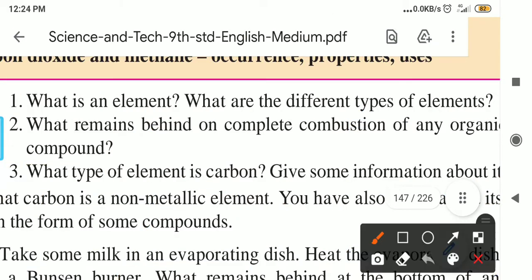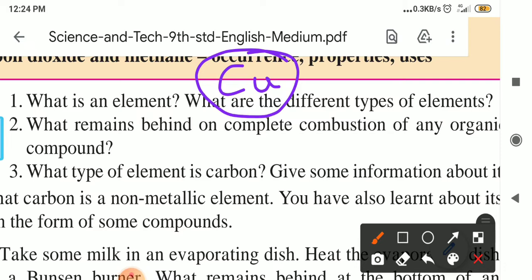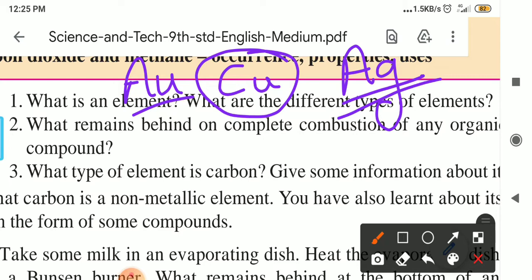If you see the gold, you will see all the particles are made up of gold only. If you take copper, a copper spot or copper wire, you will see only copper atoms inside it. If you take silver, you will see all the atoms are Ag.